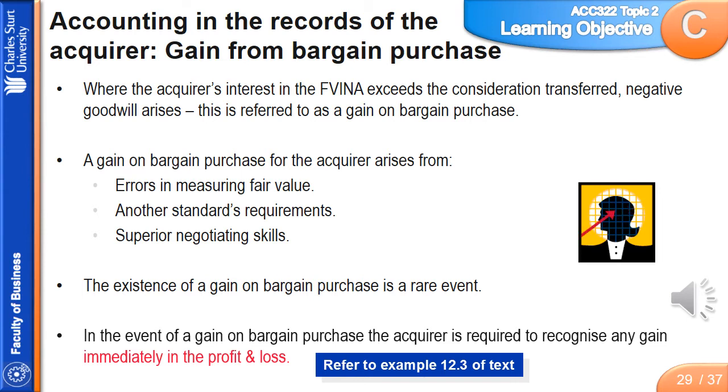And if after doing these checks a bargain purchase remains, it's recognised immediately as a gain in profit or loss. It doesn't go to other comprehensive income, it goes straight to profit and loss. And there's an example in 12.3, which is page 590 of your text, which goes through this event as well.